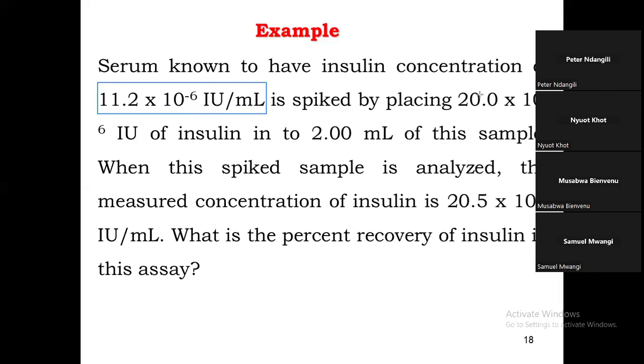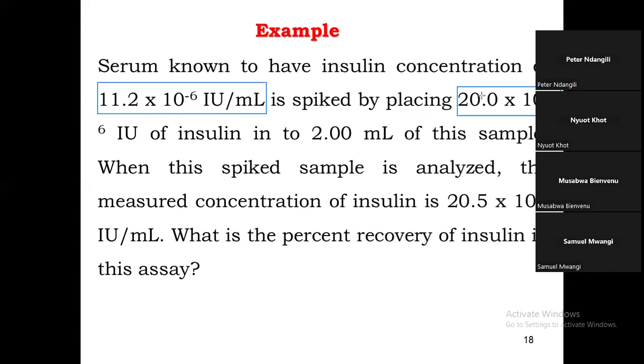Then you had this concentration here. What you are adding here is 20 times 10 to the power negative 6 international units of insulin in a 2 milliliter volume of that particular sample. Very important is to ensure that you express this concentration as an international unit per milliliter, the way the concentration of insulin in the serum sample is expressed.